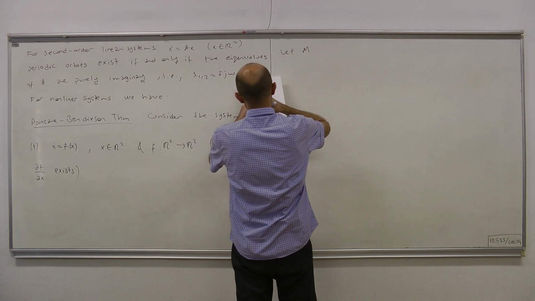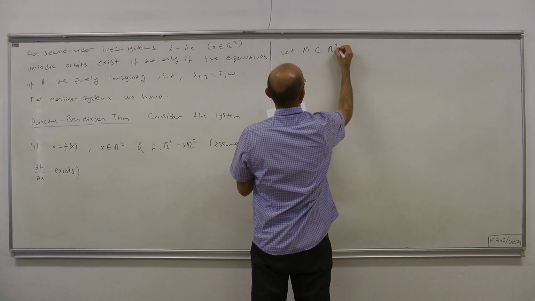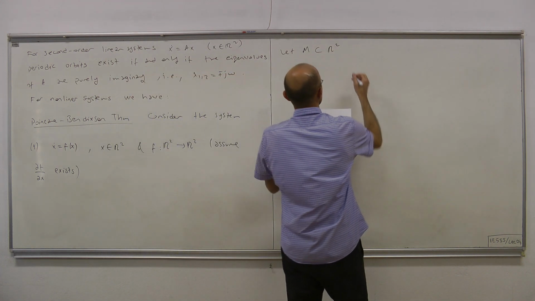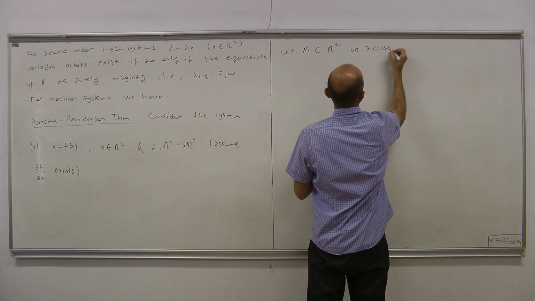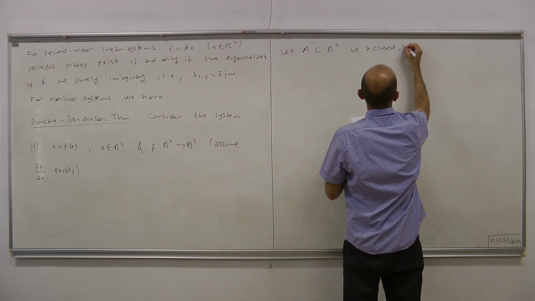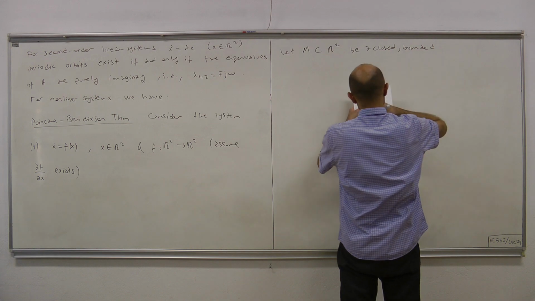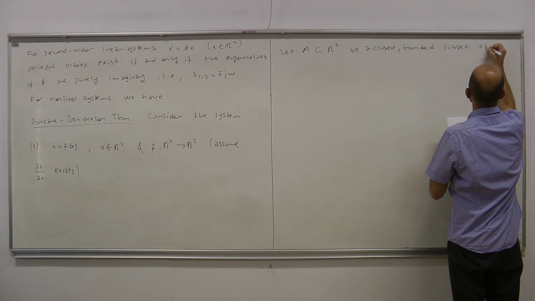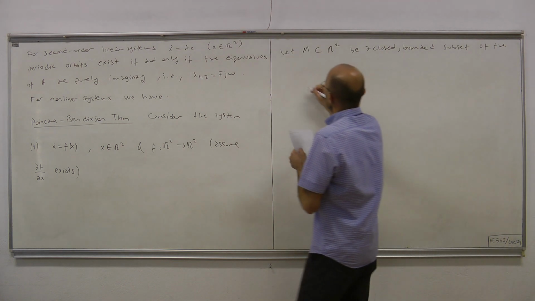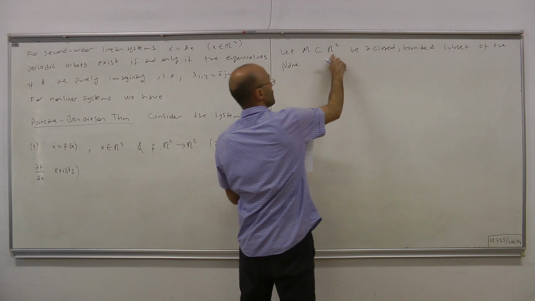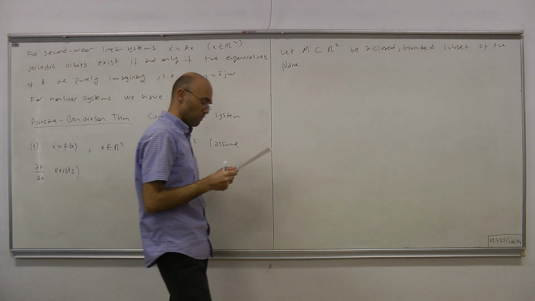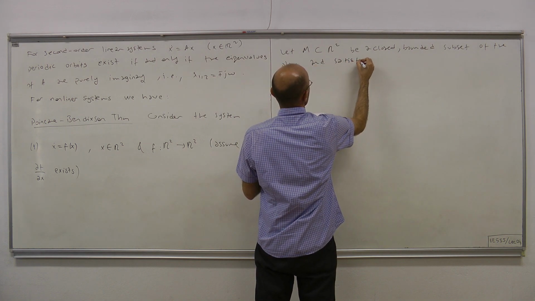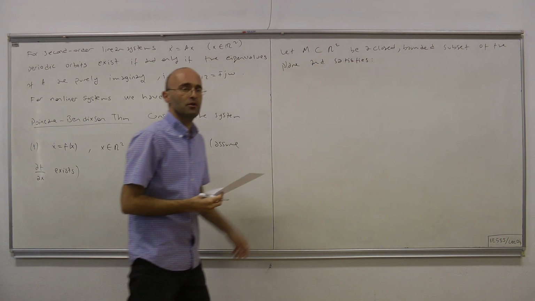Let N, a subset of R2, okay, subset, not subspace, be a closed and bounded subset of the plane. By plane we mean R2, and it satisfies the following conditions.